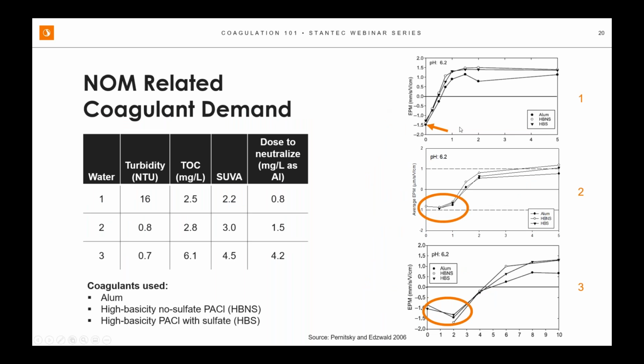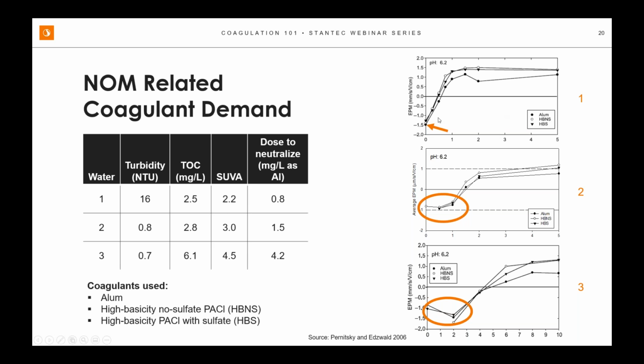This graph is kind of the same idea, the same series of experiments, but here are 3 different waters. Water number 1 has a turbidity of 16. It's got 2.5 milligrams per liter of TOC, but the SUVA, the specific UV absorbance, which talks about how reactive to coagulation the material is, is fairly low, okay?